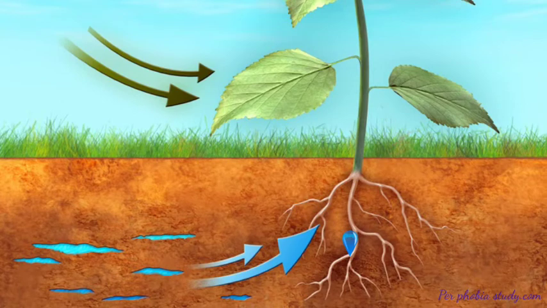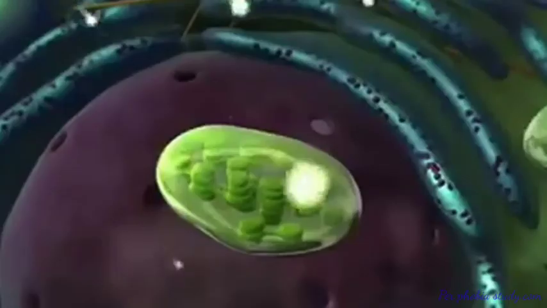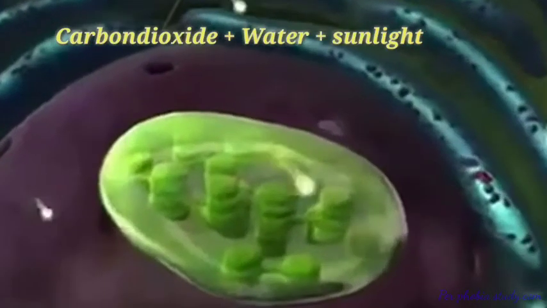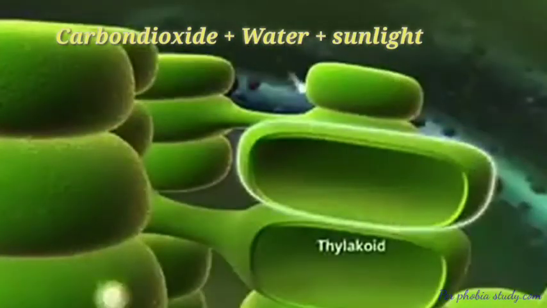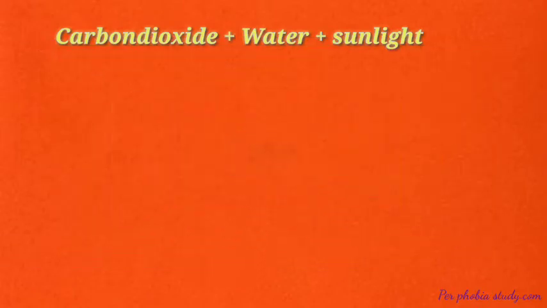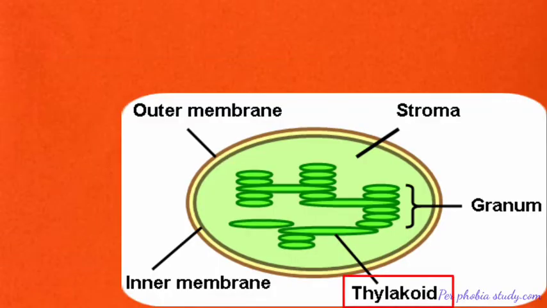H2O, which is present in the roots, is carried to chloroplasts by the xylem vascular bundle. Those three things, carbon dioxide, water, and sunlight, react with each other in the thylakoid present in the chloroplasts. It is a bag-like structure.